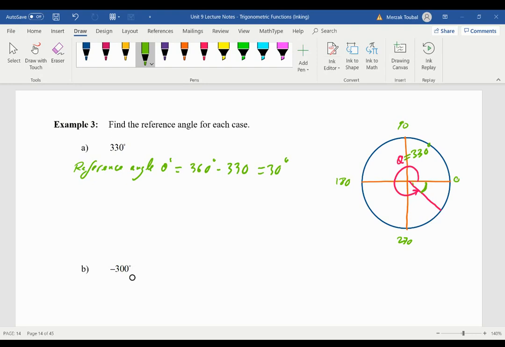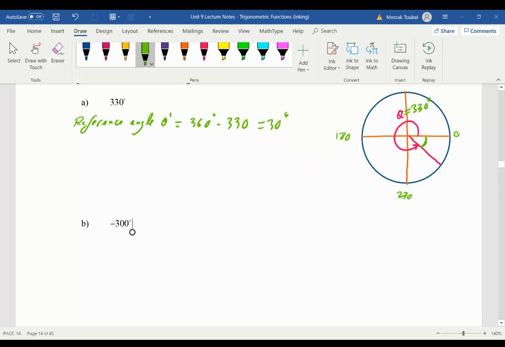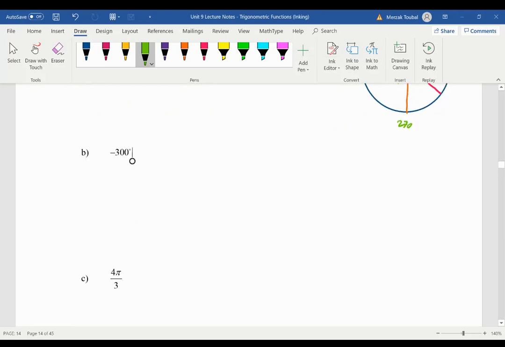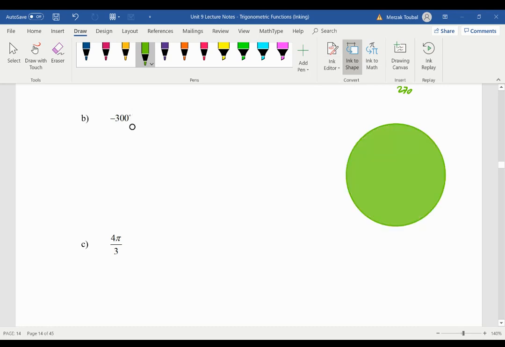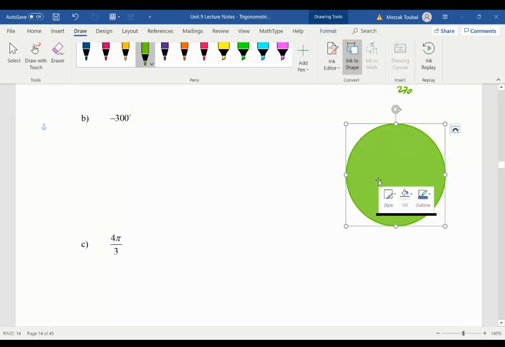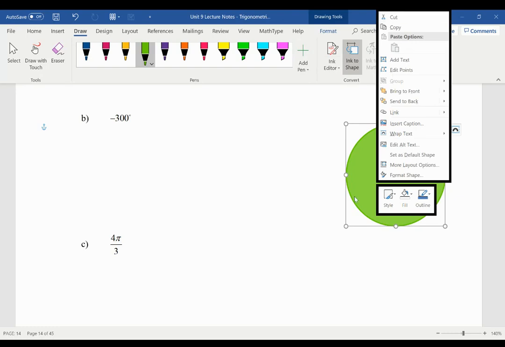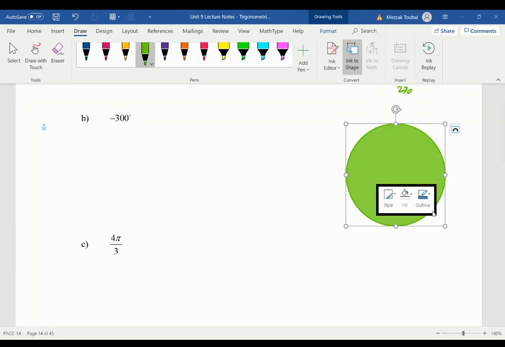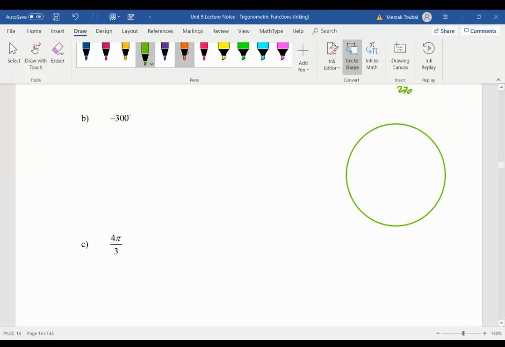All right, let's do the next one. The next one is negative 300 degrees. All right, let's make another circle over here. Okay, well, it doesn't work.